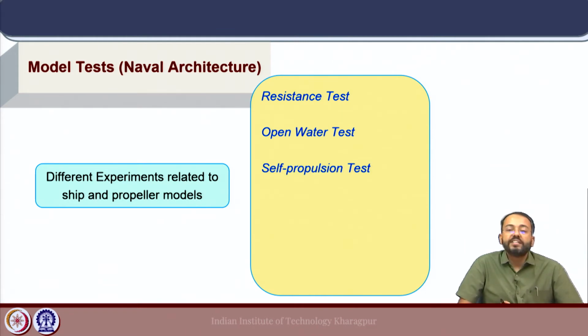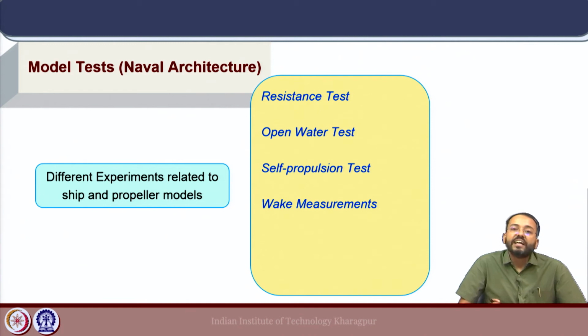Next, in the self propulsion test, we have the model propeller fitted behind the ship, and the propeller performance is assessed for different conditions of the ship forward speed as well as propeller rotation depending on the self propulsion point, and there we will estimate the ship powering in the full scale based on the model scale measured values. In the powering process, we use the resistance test, open water test and the self propulsion test data together to do the extrapolation procedure.